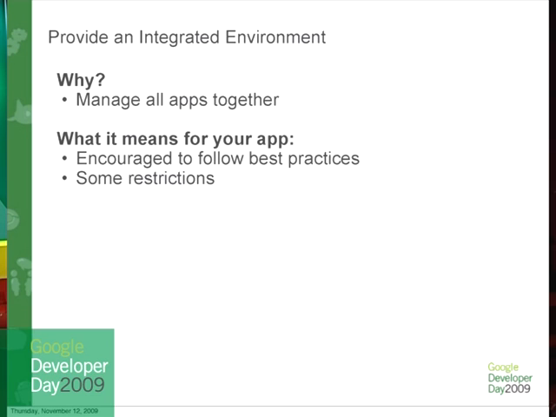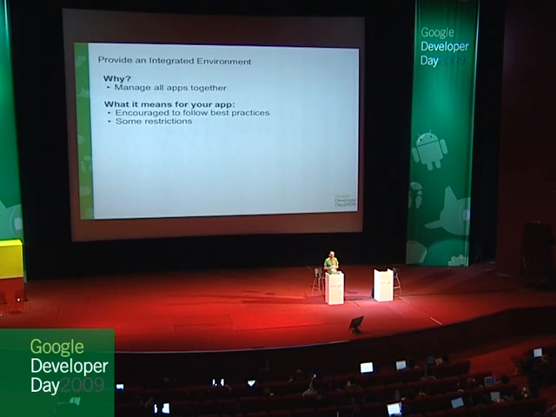You don't have access to a local file system to read and write files. You can't open arbitrary network sockets. Requests are limited to 30 seconds each. There's no relational model between entities. So you have to work a little bit differently than you do in an SQL environment.